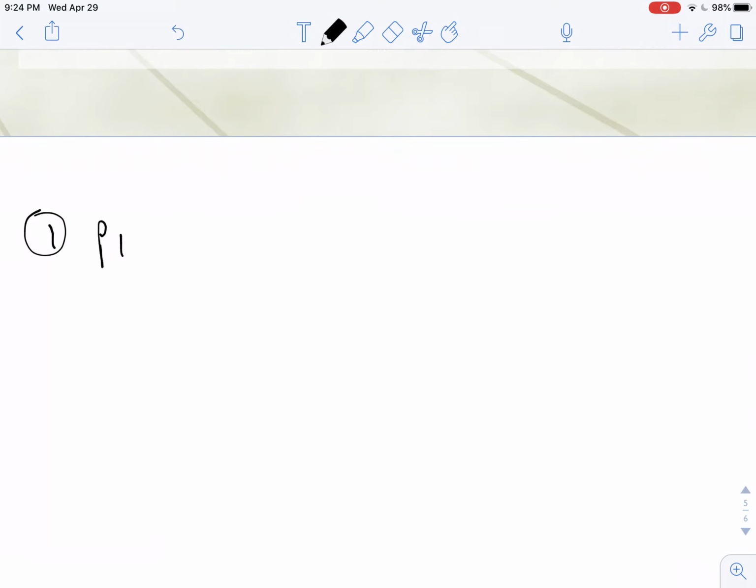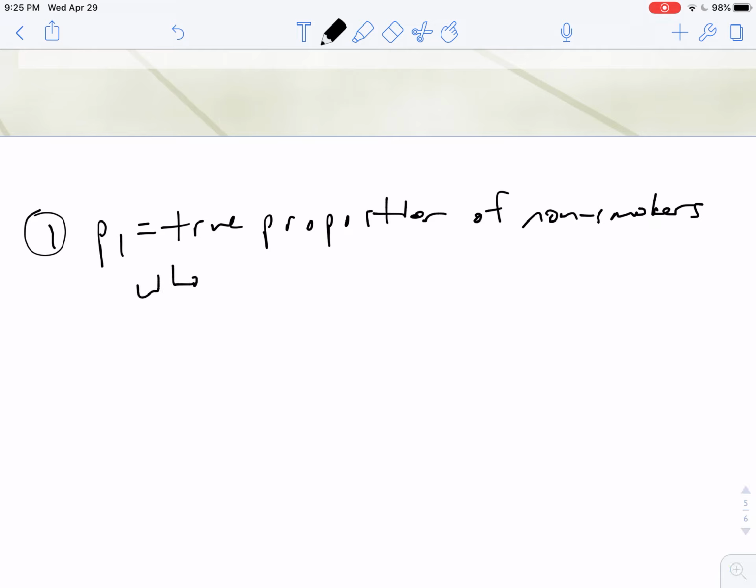So P1 is going to be the true proportion of, and this is going to be of my non-smokers who support the tax increase.